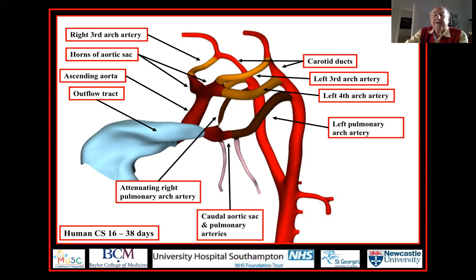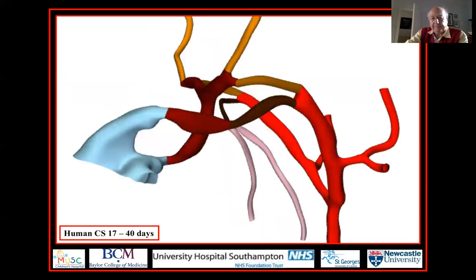There is attenuation of the artery running through the left pulmonary arch. And look also at what's happening to the 7th cervical intersegmental arteries, because these arteries are moving cranially relative to the developing heart. So we move on another stage, Carnegie stage 17.